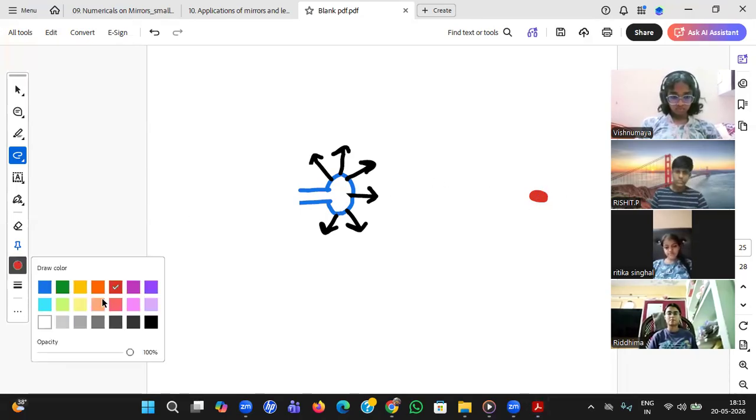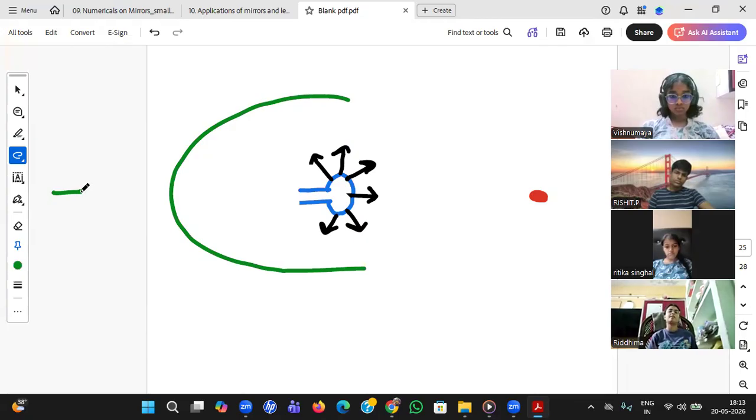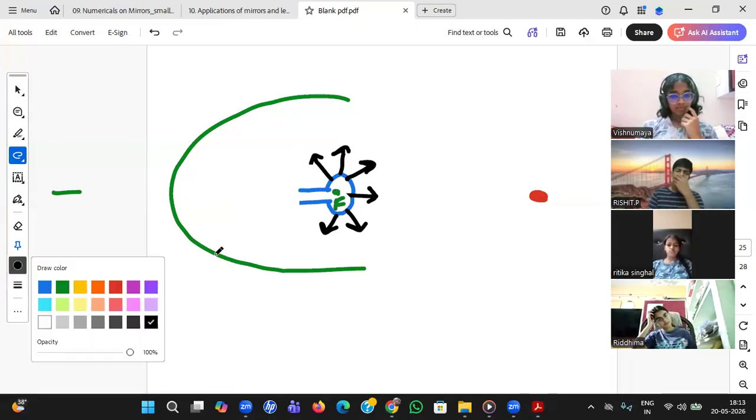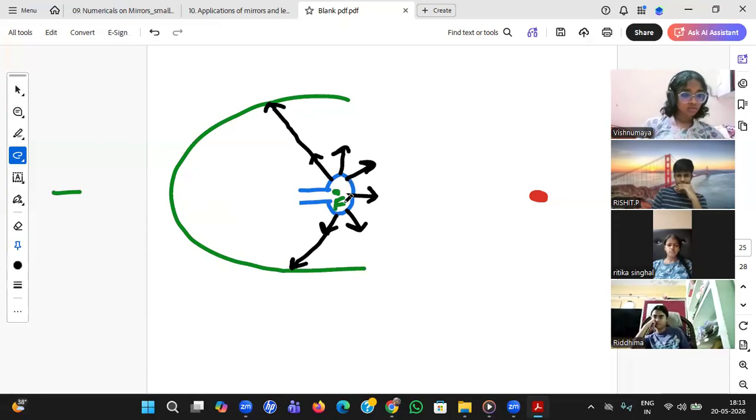That is nothing but you need to take a reflector, like a concave reflector or concave mirror. If this is a concave mirror and this is the principal axis, suppose I'm assuming this is my focus. So I kept my bulb at the focus. What happens to the light rays coming from the focus to this concave mirror?